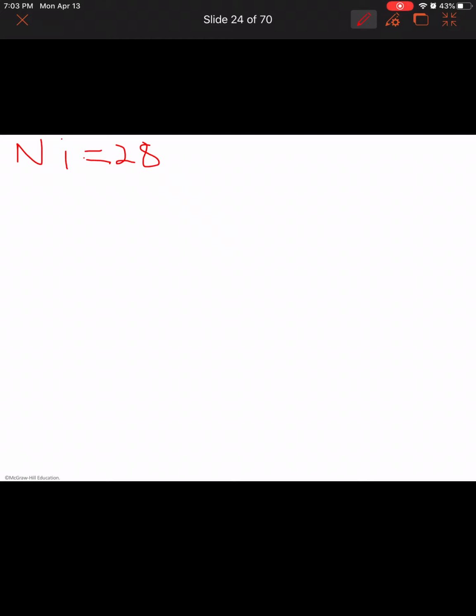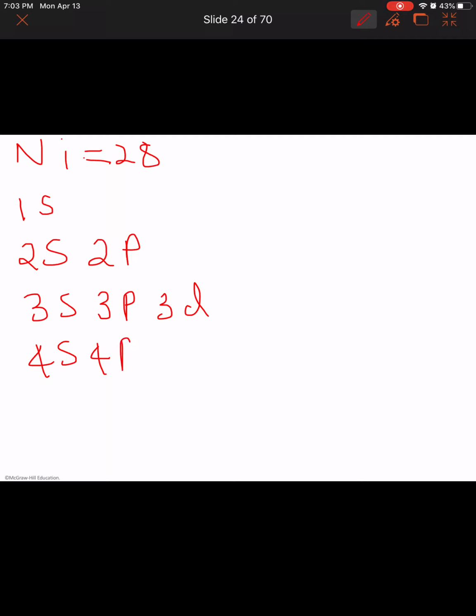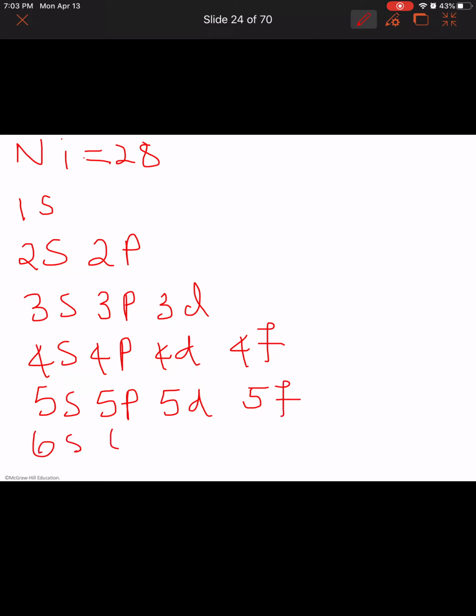Remember that I showed you this 1s, and in the second one we have 2s and 2p, and then you have 3s, 3p, 3d, 4s, 4p, 4d, 4f, 5s, 5p, 5d, 5f, 6s, 6p, 7s, which is the diagram that I showed you in the last video.